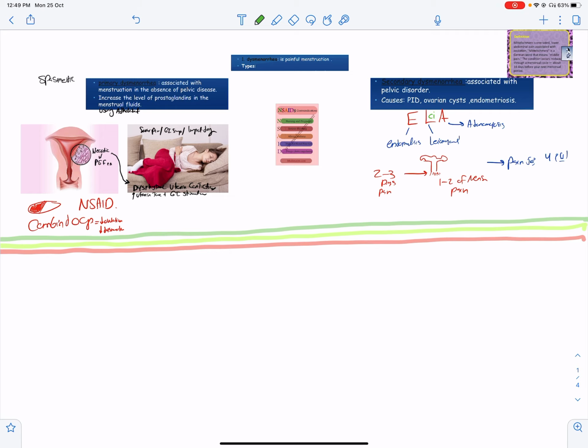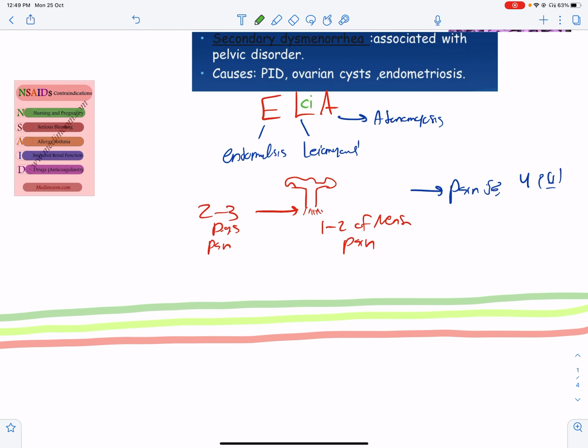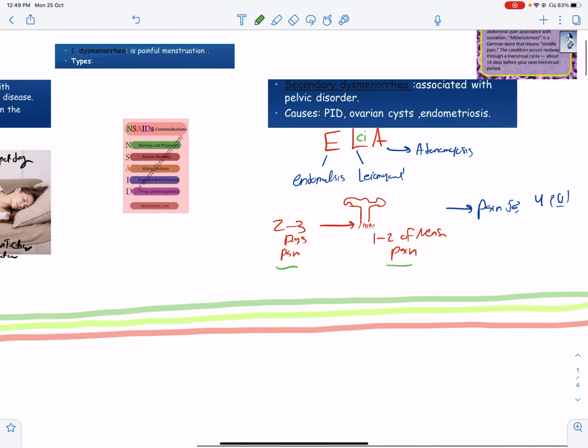But in the case of secondary dysmenorrhea, there is a pathology that's causing this painful menses. We have adenomyosis, endometriosis, leiomyomas, and usually they will present with pain 2 to 3 days before the menses and during the first day of menses, and then subside.